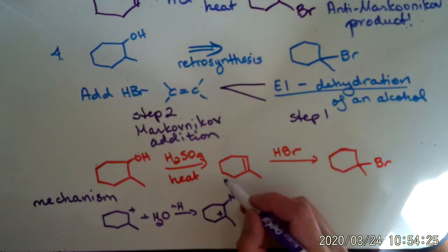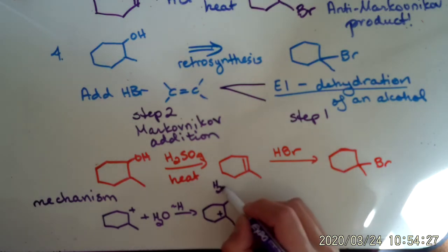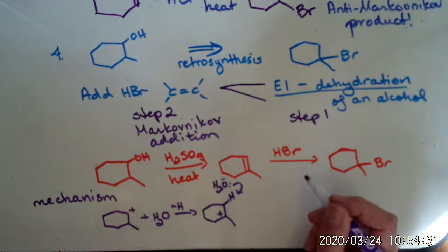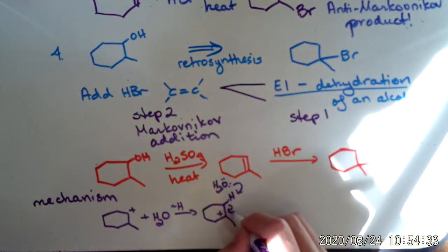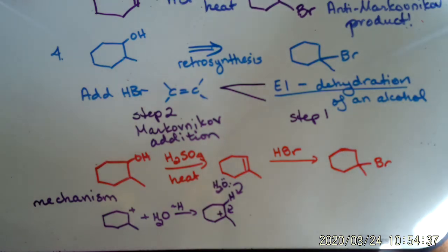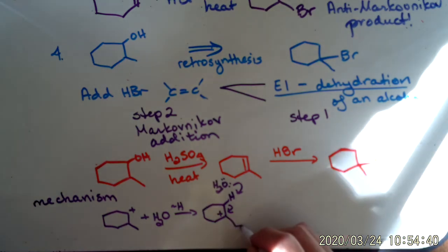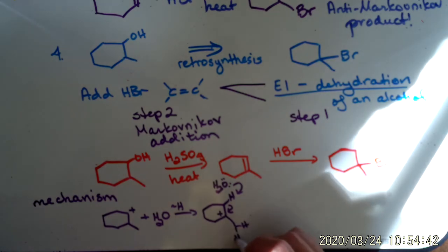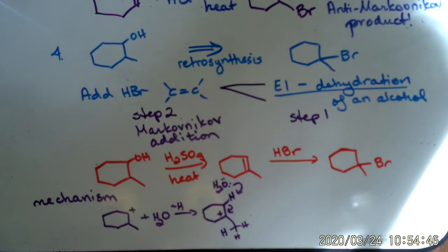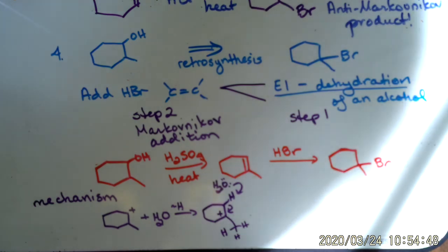And then basically your water comes in, regenerates my H+, and now that's how you form your alkene. Okay? Why here and not here? Because remember, if I lose this one, I'll put that one in pink.